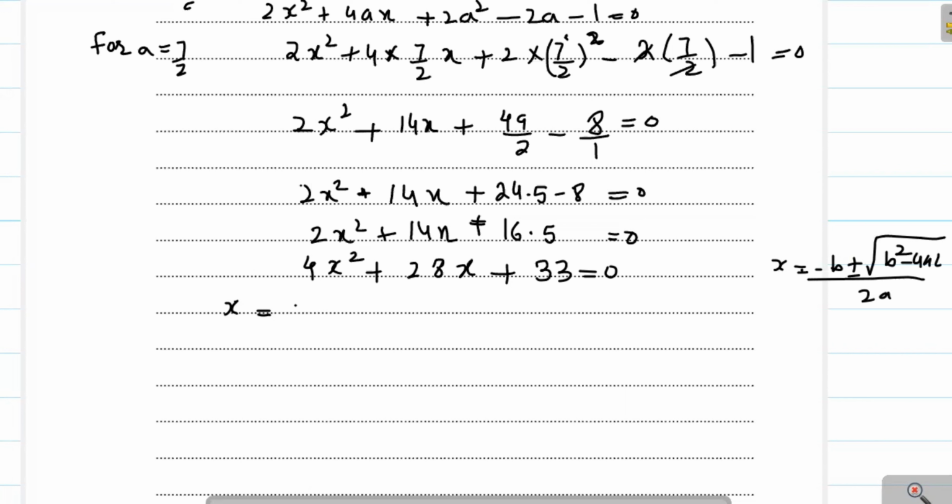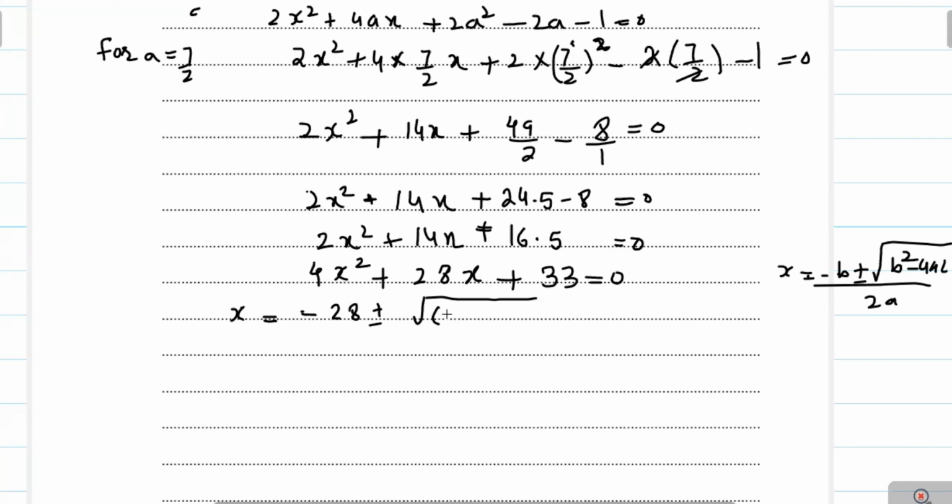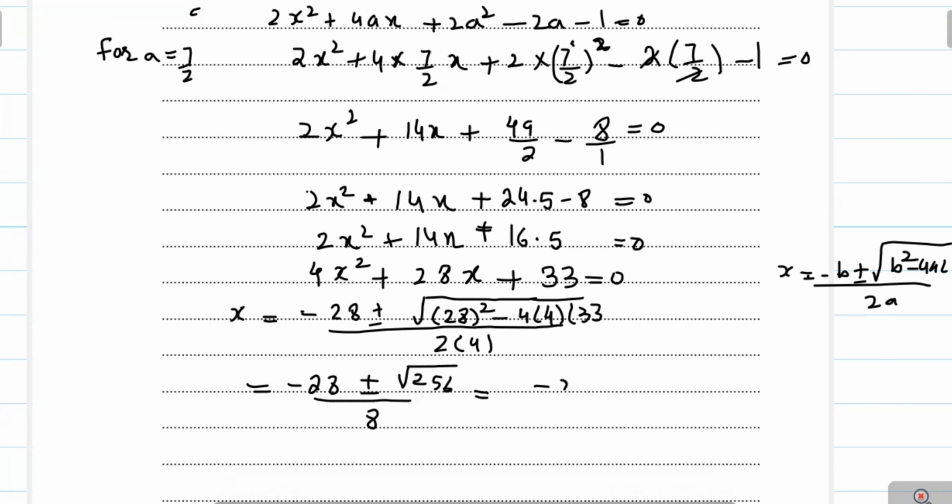Here b is 28, so we write minus 28 plus or minus square root of 28 squared minus 4 into a here is 4, c is 33, over 2 times 4. This value is equal to square root of 256, that is 16, and we can write it as minus 28 plus or minus 16 over 8.